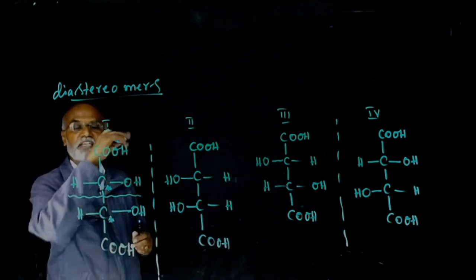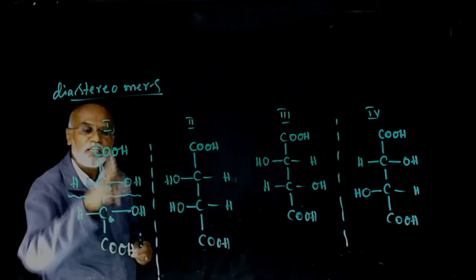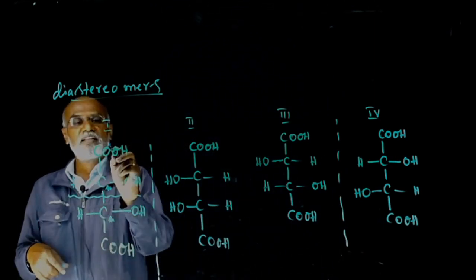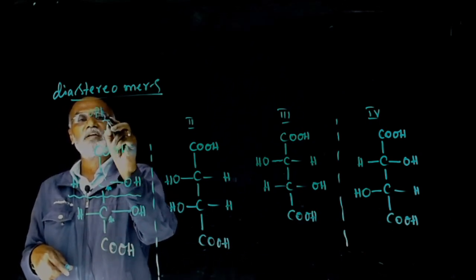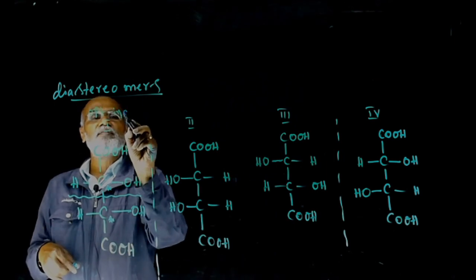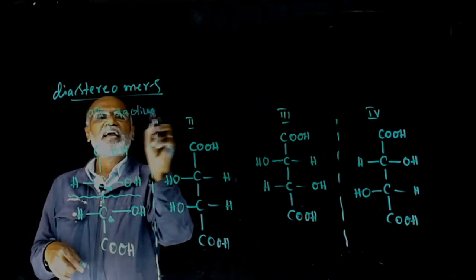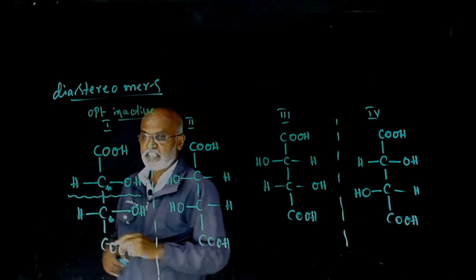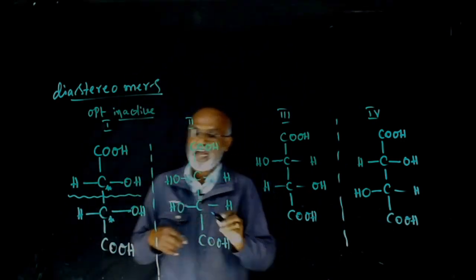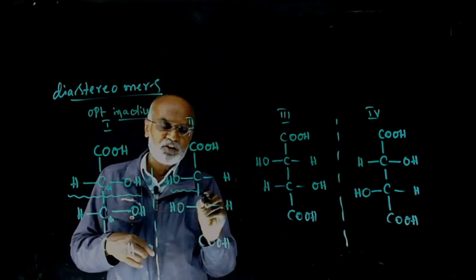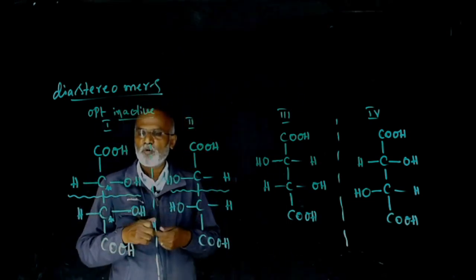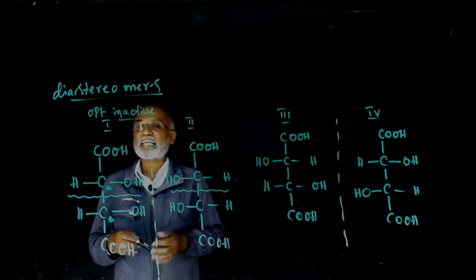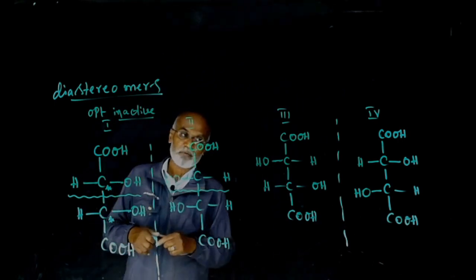Hence, the molecule has a plane of symmetry. When the molecule has a plane of symmetry, it is optically inactive. The optical inactivity of structure 1 is because of the presence of a plane of symmetry, and the same explanation holds good for structure 2 also. Structure 1 and structure 2 are optically inactive because of the presence of a plane of symmetry.